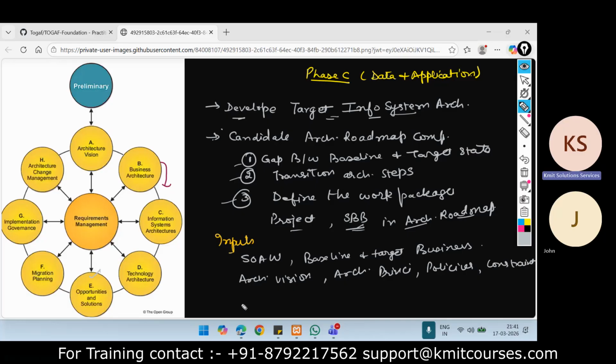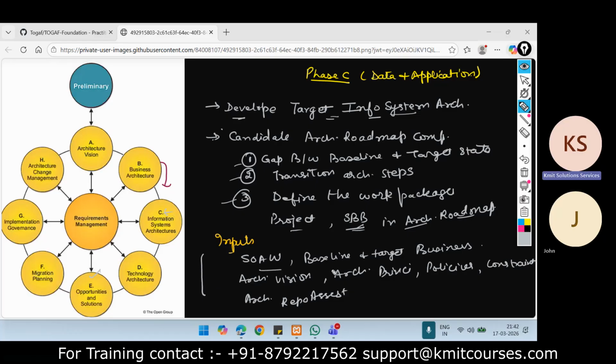No? Then we need to have the input from some references. You can say architecture repository assets. So this will be the input for phase C, right?